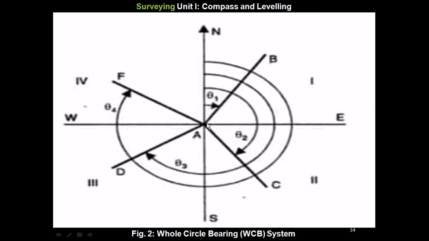Angle which is made by the AD line is theta 3. And angle made by the line AF from the north, that is theta 4. Here the quadrants are given: first quadrant northeast, second quadrant southeast, third quadrant southwest and fourth quadrant northwest. So figure shows the whole circle bearing system.